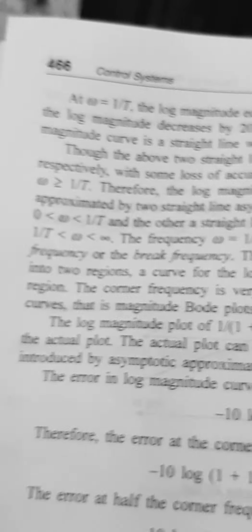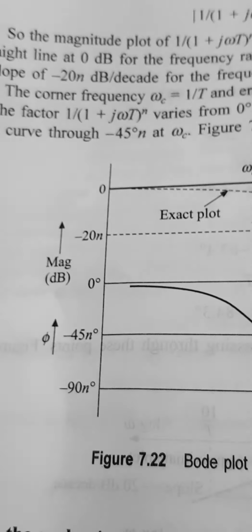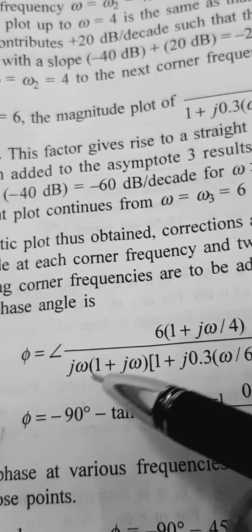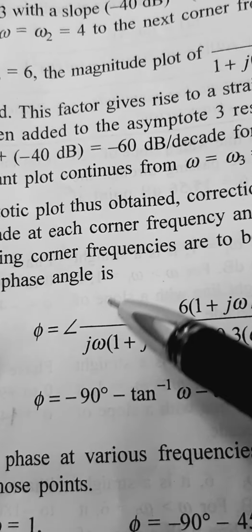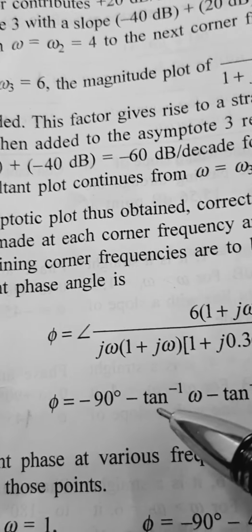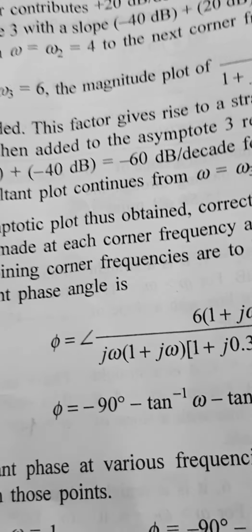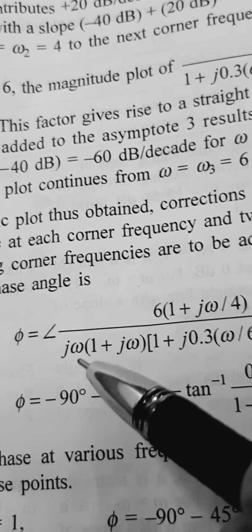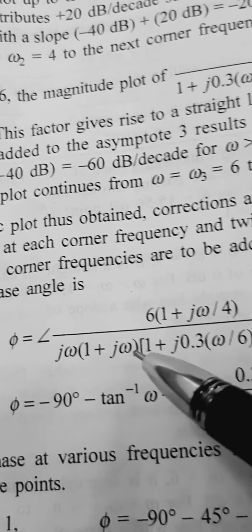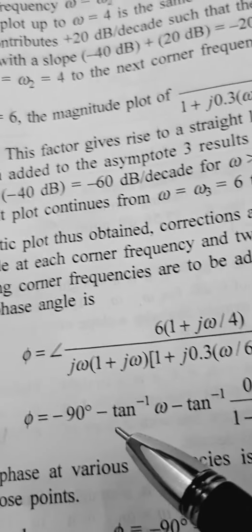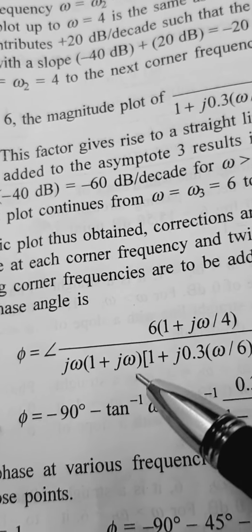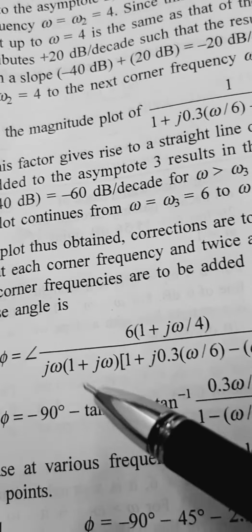So if you take the 6 by j omega term, 6 has 0 and 1 by j omega has minus 90 degrees. Then we take the denominator, 1 divided by 1 plus j omega. That gives minus tan inverse of omega, because it is in the denominator.